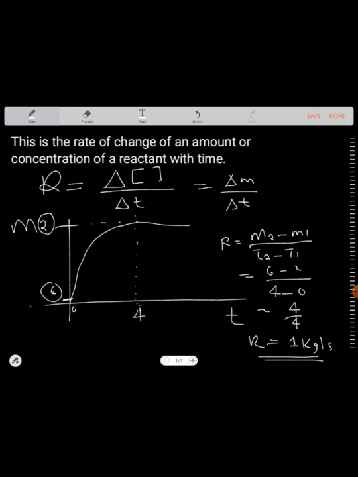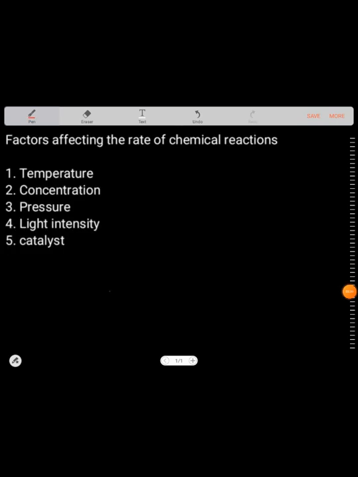Let's look at factors affecting the rate of a chemical reaction. The first factor is temperature. When we talk of temperature, we are talking of the hotness or coldness. How does temperature affect the rate of a chemical reaction?